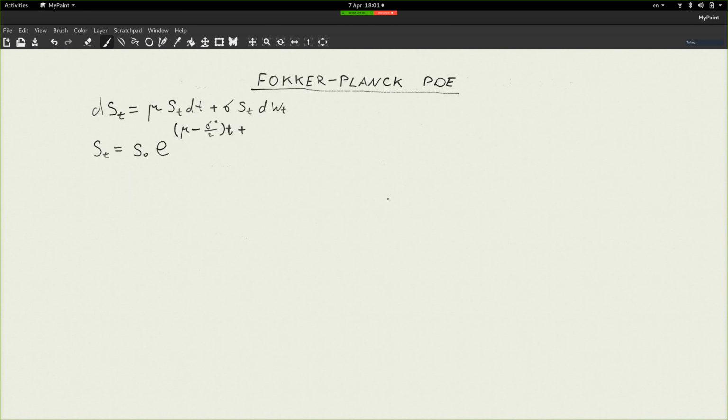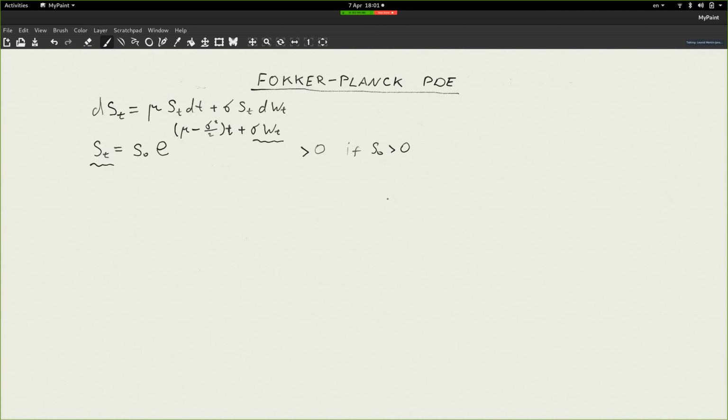But what does it mean? We have a stochastic process here, which is W_t, which results in a stochastic process for S_t. This exponential solution means that S_t is positive if S_0 is greater than 0 as well. So that's true, but nothing else can actually be derived from that.